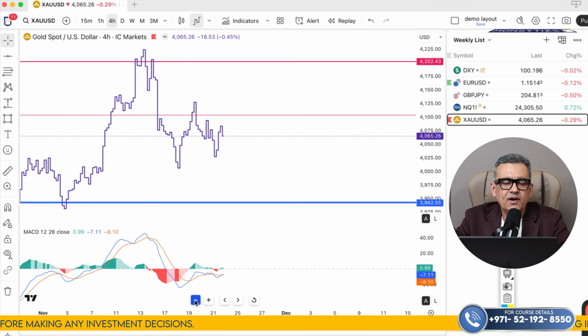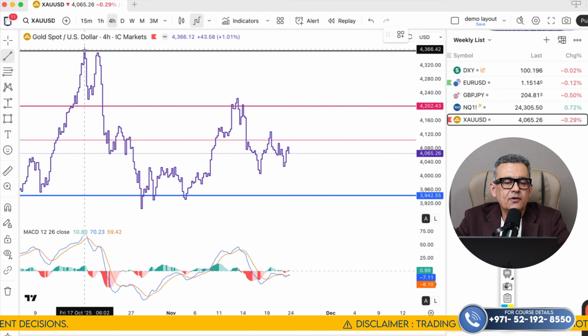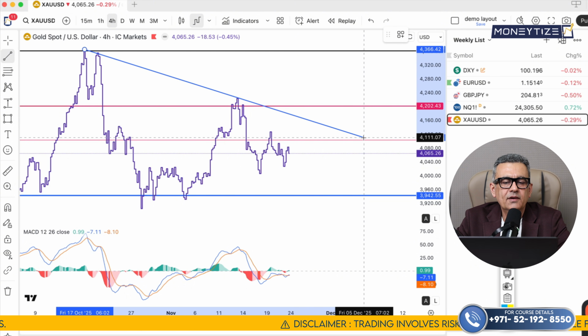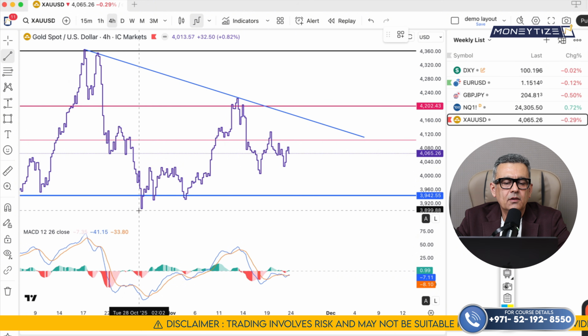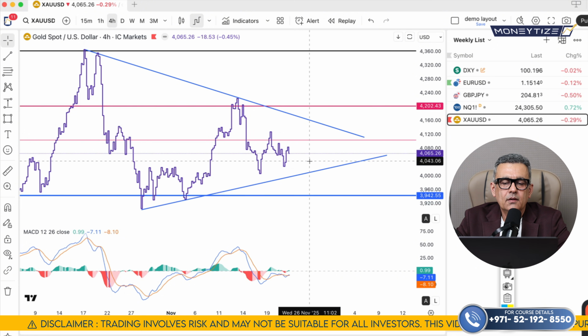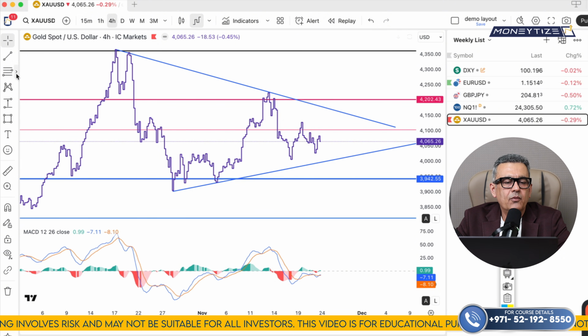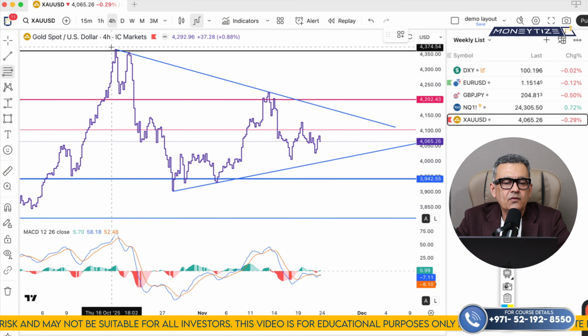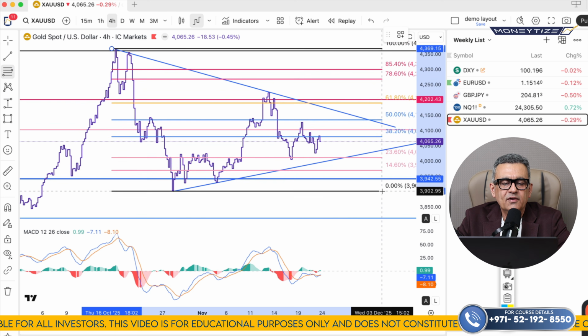Now on the 4-hourly frame, if you notice, we can connect the top. It is creating a sequence of lower highs, so a triangular formation. And from the lower end, it is creating a sequence of higher lows. Now we will apply Fib retracement in the reverse direction from the highest to the recent lowest point.